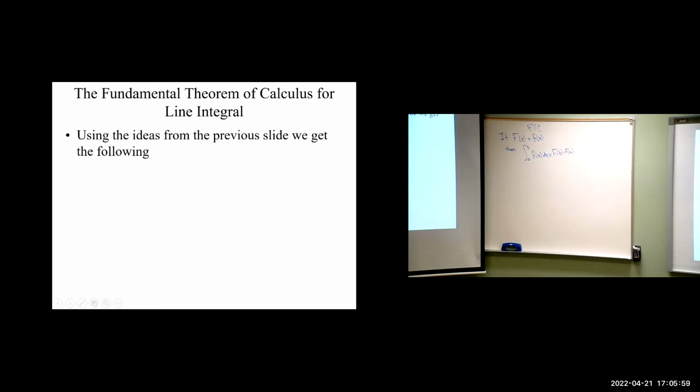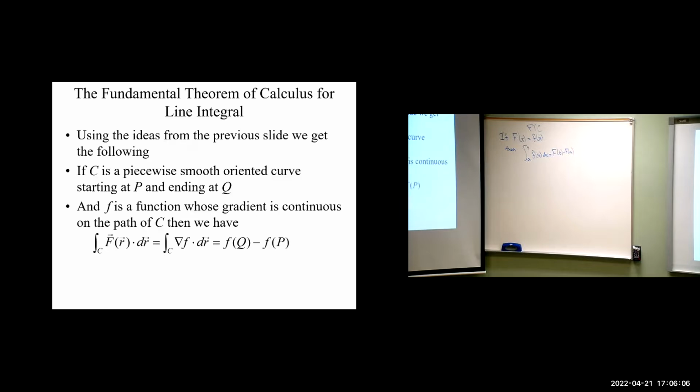Now, we're using the ideas from the previous slide, but let's think about this for a second, right? We're doing the f dot dr, but remember that f is the gradient of some potential function, which means it came from the derivative of some potential function.